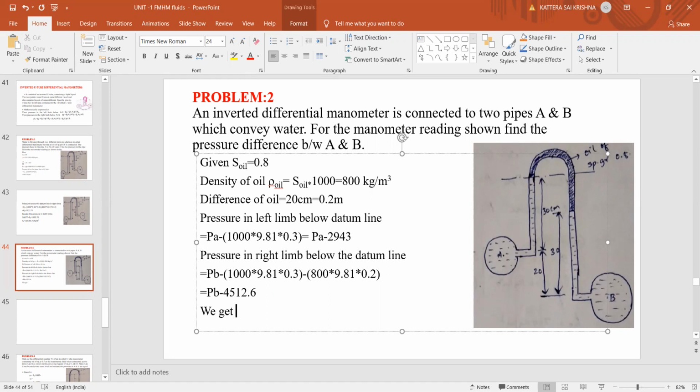PB value is more, no? Wait, I'm taking PB. PB minus PA equal to, PA will come to this side.